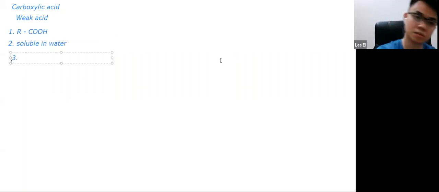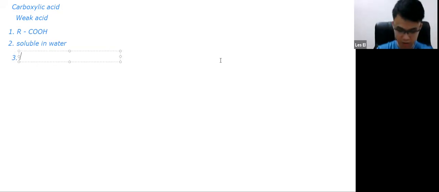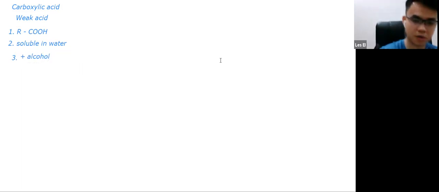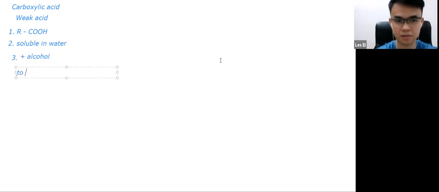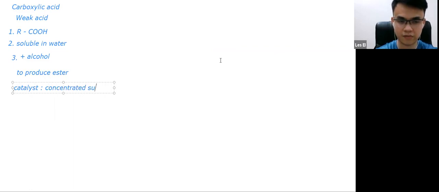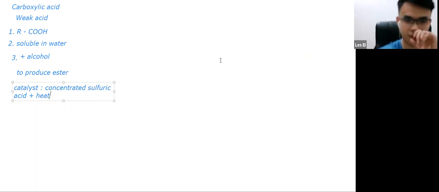And then what I need to discuss further is you can use carboxylic acid and add it with alcohol to produce ester. So the catalyst is concentrated sulfuric acid, and you also need to heat it up.